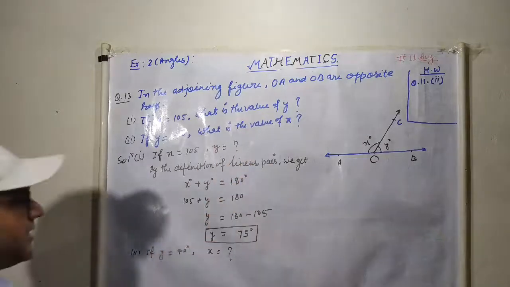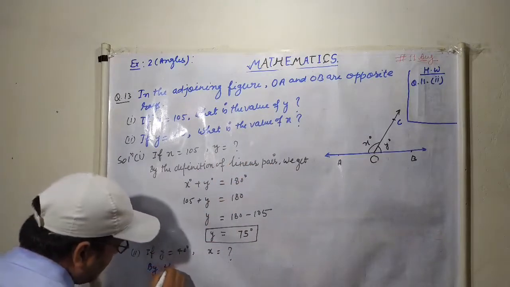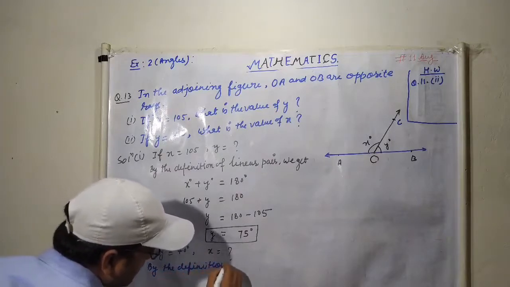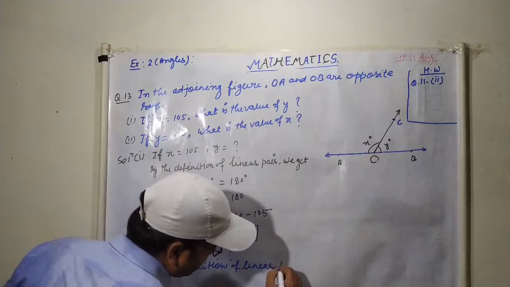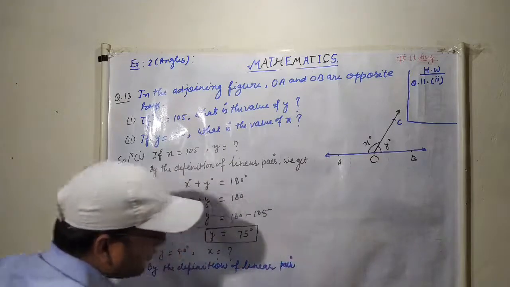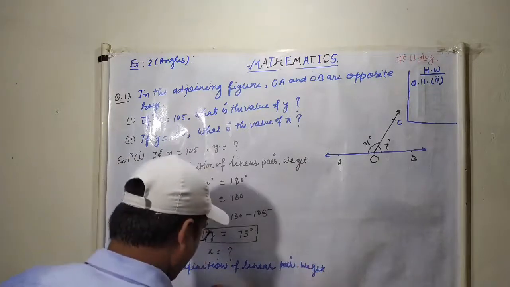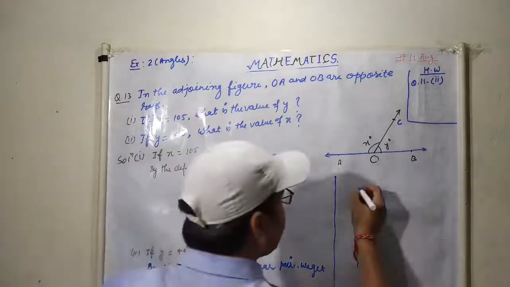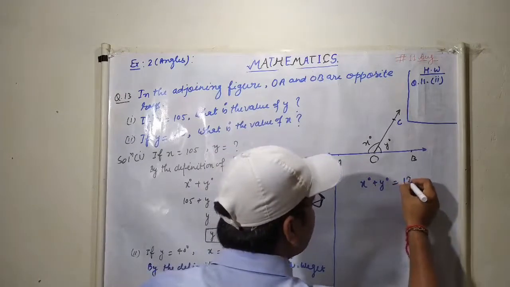By the definition of a linear pair, no need to write it in every step. By the definition of linear pair, we get angle x plus angle y is equal to 180 degrees.